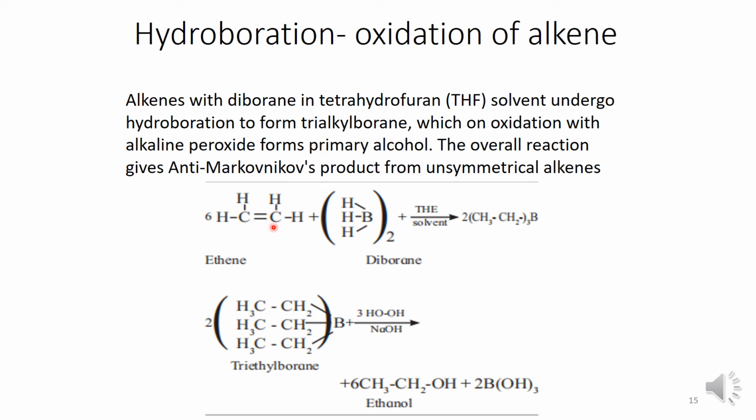Suppose this is ethene and diborane is treated with ethene in tetrahydrofuran solution, we get trialkyl borane, or triethyl borane, which on treatment with alkaline peroxide will give us ethyl alcohol and B(OH)3 as a byproduct.